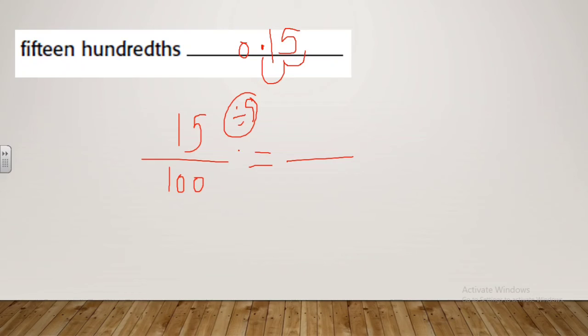If you want to make it simpler, we will do this step. If you don't want to, we will leave it as 15 over 100, okay? 15 divided by 5 equals 3, and 100 divided by 5 equals what? It equals 20. And we cannot make it simpler after that, so the final answer is 3 over 20, okay?